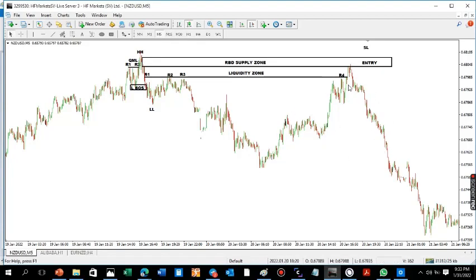So, guys, this is what I had for you. Before I go, please remember that just because I've shown you this setup, and I've also shown you other setups which have failed, that's the game we're in, a game of probability. Just because this setup worked out perfectly doesn't mean the next one is going to work out perfectly.